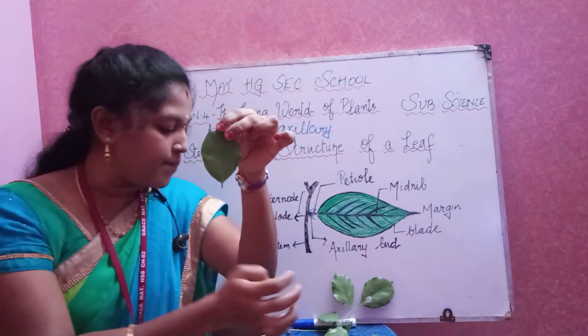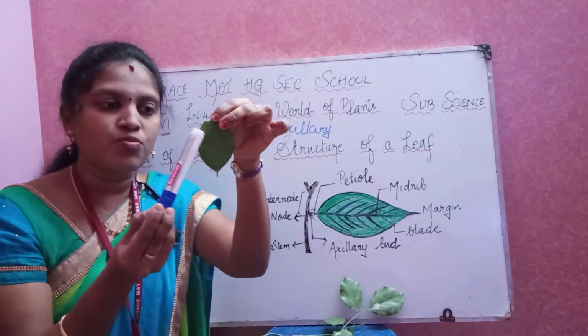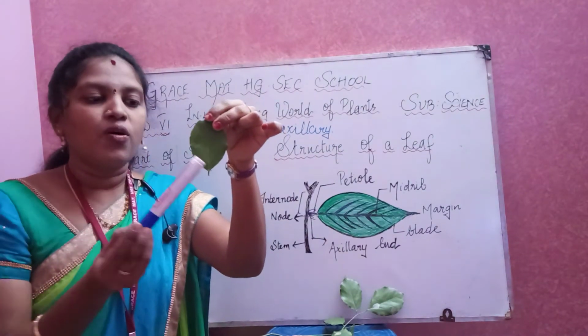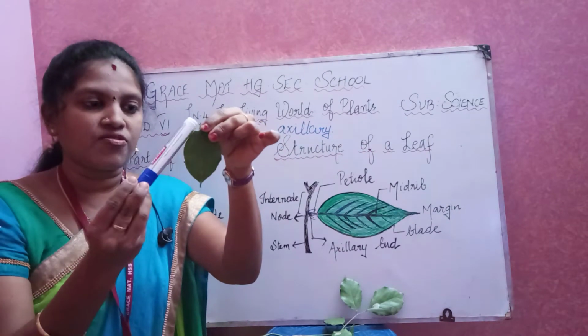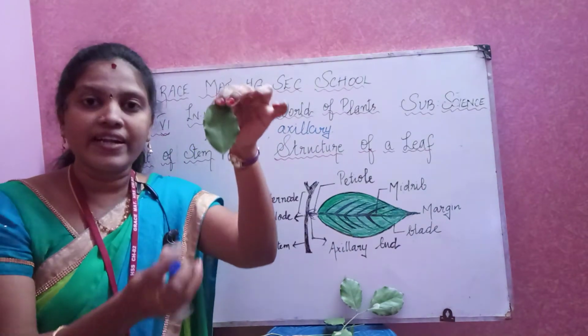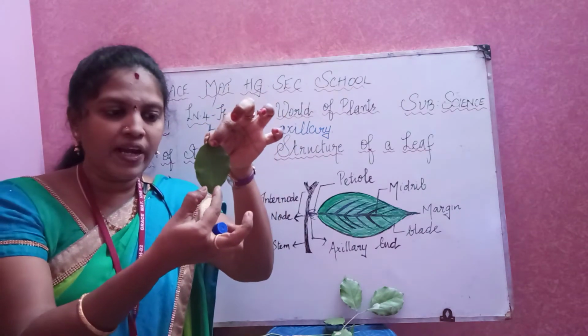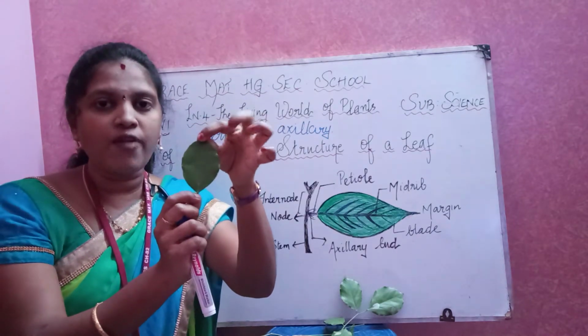From the midrib, you could see the leaf veins moving. There are actually two types of venation. One is the parallel venation, the other one is the reticulate venation. From this, you could see it is a reticulate venation. Parallel means that the veins will be in the same form, parallel. This is the reticulate form of venation of leaves.